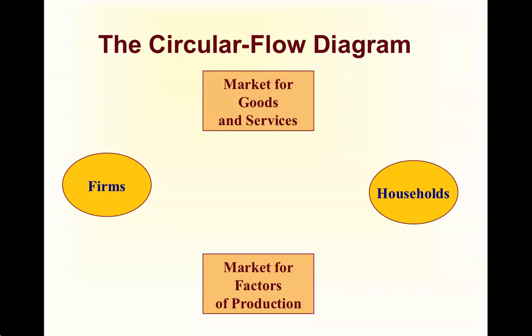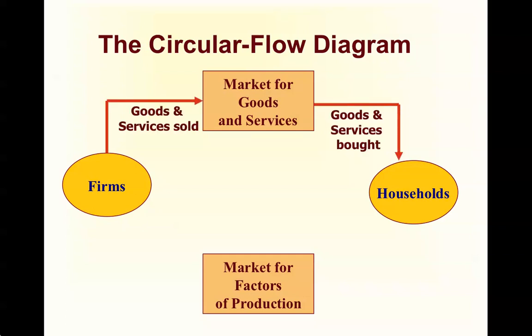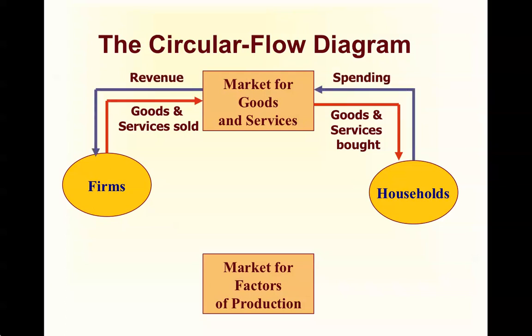Firms need households, households need firms. The firms are going to provide the households with goods and services. Goods are tangible, services are intangible. Firms sell them, households buy them, and in return, households spend money on the goods and services, and firms get the revenue. The market serves as the clearinghouse.